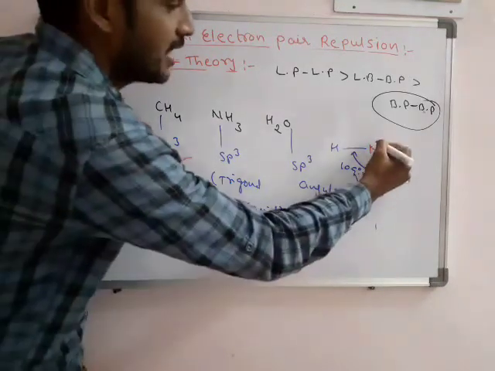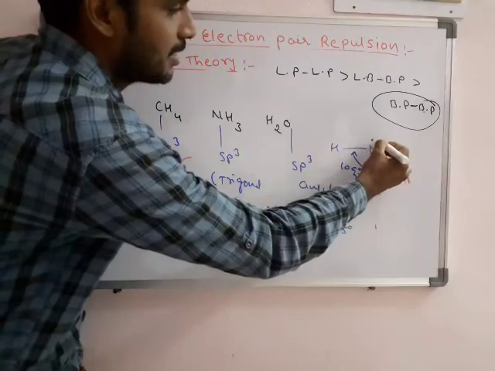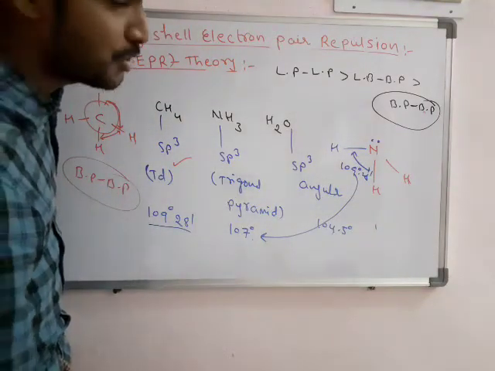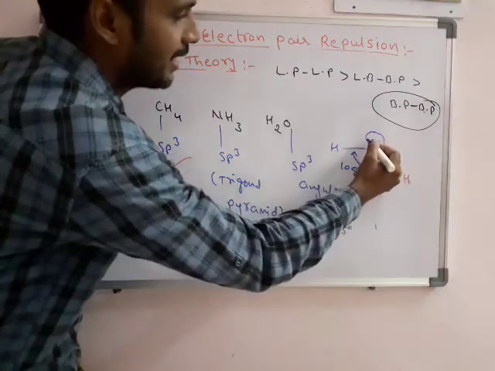So why is it so? Here the fourth bond is not present. In the place of the fourth bond, a lone pair is present. Because the lone pair is there, some repulsion is formed between this lone pair and the bond pair.